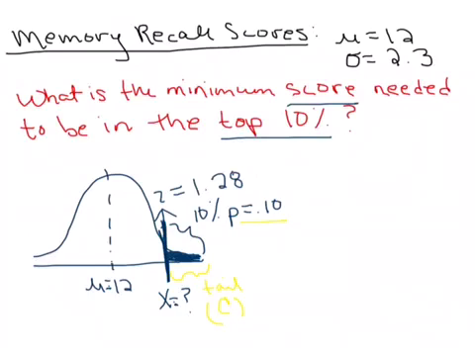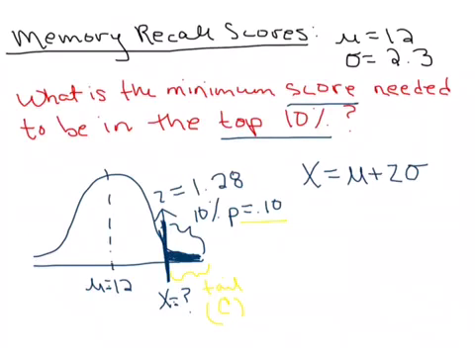So we're actually going to use the raw score equation, which is x equals mu plus z times standard deviation. It works just the same if you use the z transformation equation.